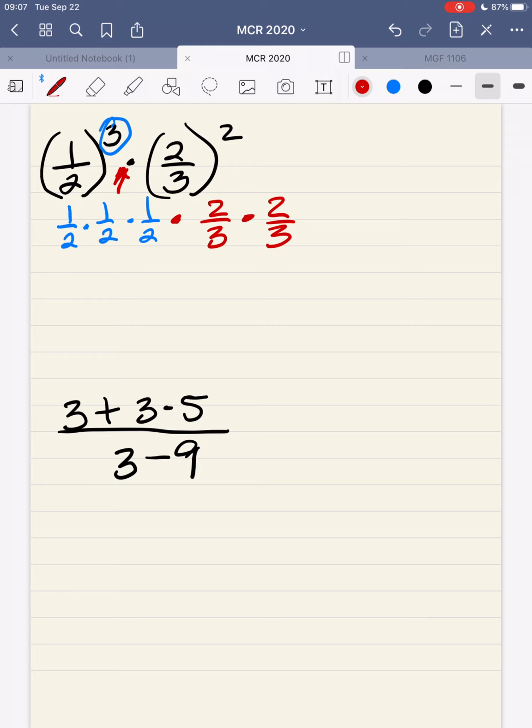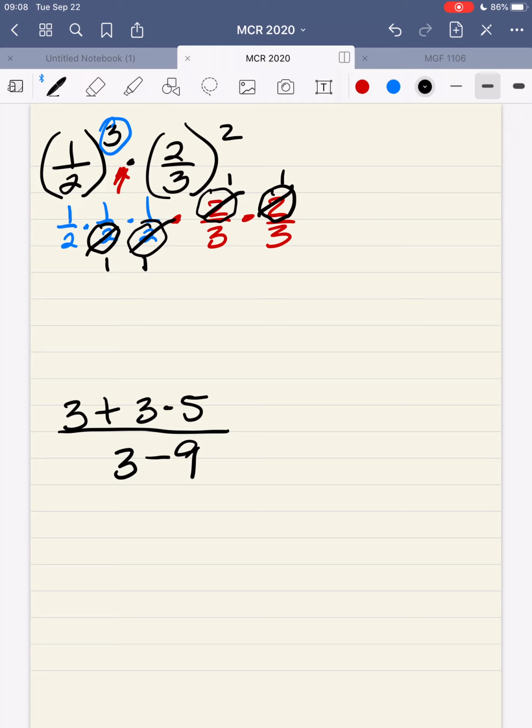Because remember, if I have the same number in the top of any fraction in multiplication and the same number on the bottom of any fraction, I can go ahead and cancel those out. I also have another set of 2's, and I can go ahead and cancel them out. Now when I cancel them out, they become 1's. Okay, so these are all 1.